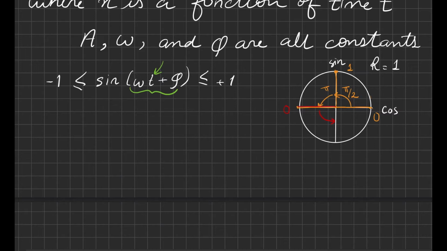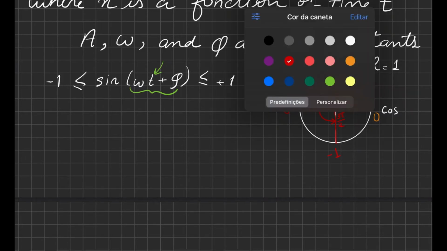Let's go now down a bit. Now we have the angle pi plus pi over 2. All of this is pi, and plus pi over 2, it is 3 pi over 2. So we're talking about this angle here, and the sine of that is not plus 1, it is minus 1.